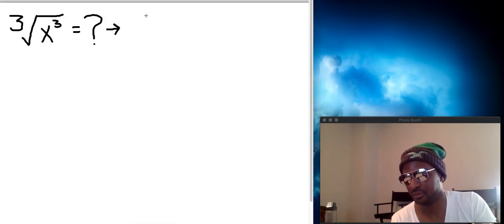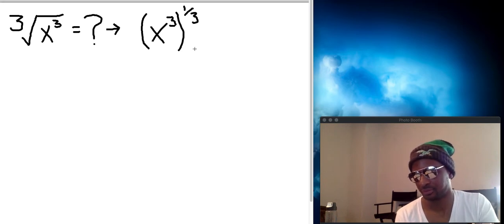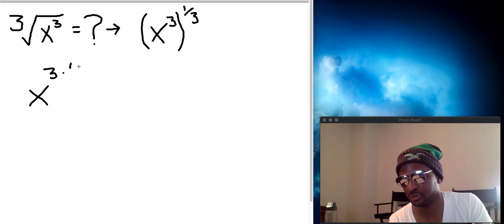So we're going to have x cubed to the 1 over 3 power. Just going backwards on that last equation, here m is going to be equal to 3, and we have a, which in this case is equal to x, and then we have n, which in this case is equal to 1 over 3.